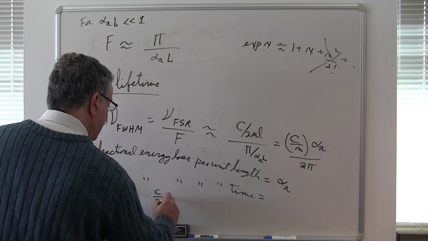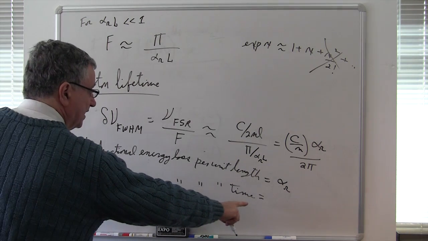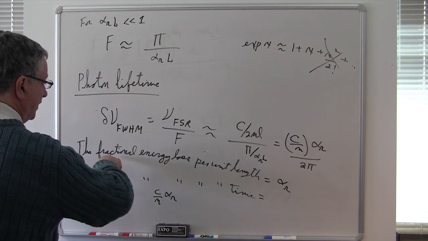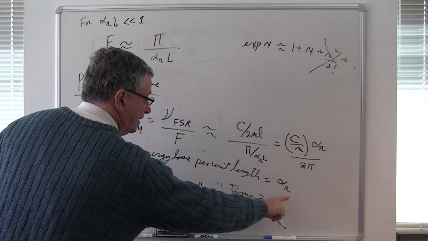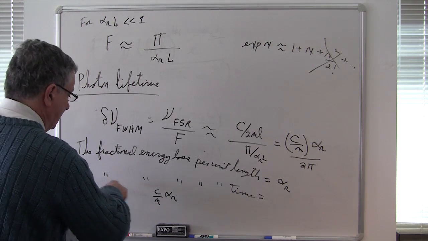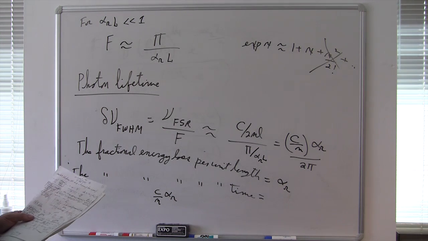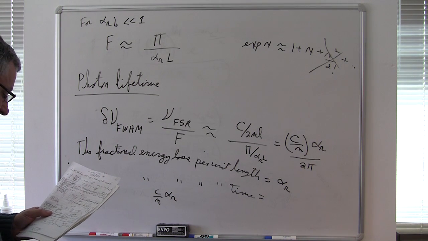So c over n times alpha r is the fractional energy loss per unit time, because the fractional energy loss per unit length is alpha r. So if you multiply by the velocity of light, then you're going to have the fractional energy loss per unit time, which is c over n times alpha r. Okay?